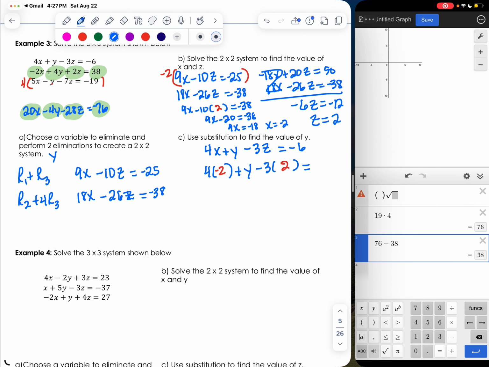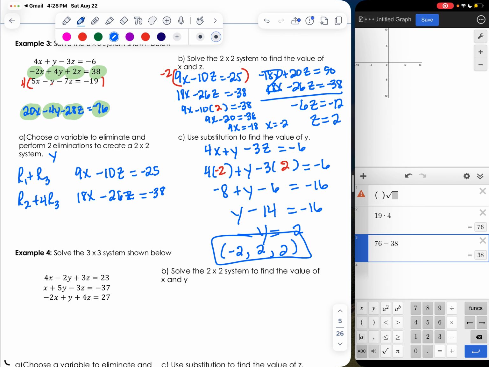And all of that's going to equal negative 6. So negative 8 plus y minus 6 equals negative 6. Combining like terms, I get y minus 14 equals negative 16. Add 14. Negative 16 plus 14 would be 2. So x was negative 2, y was positive 2, and z was positive 2. All right.